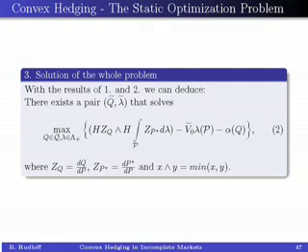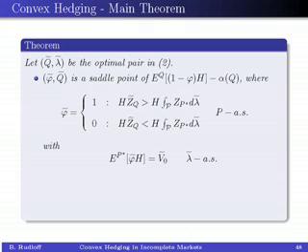So we can show that there exists a pair Q tilde and a dual solution lambda tilde that solves the total dual problem. And with the help of this dual pair, we also get the structure of the solution to the whole static problem.